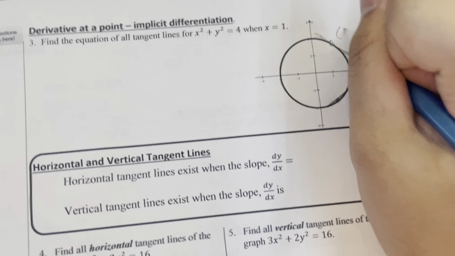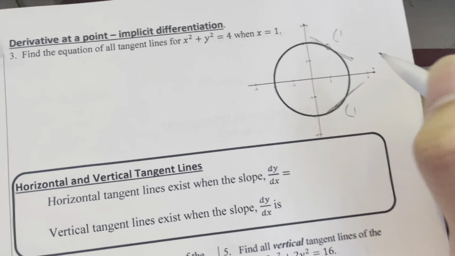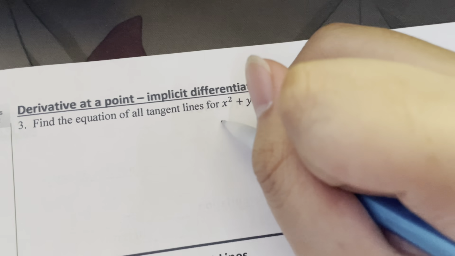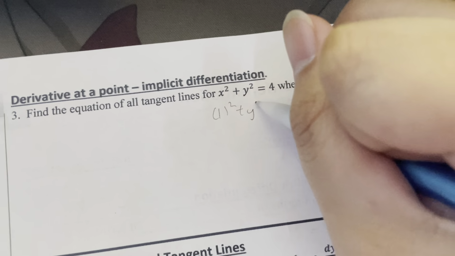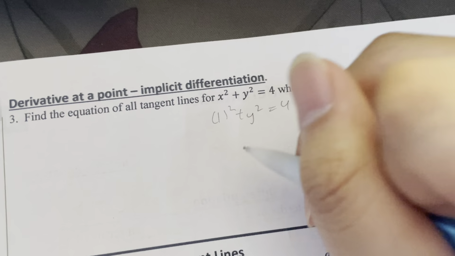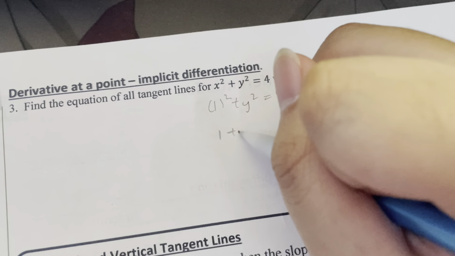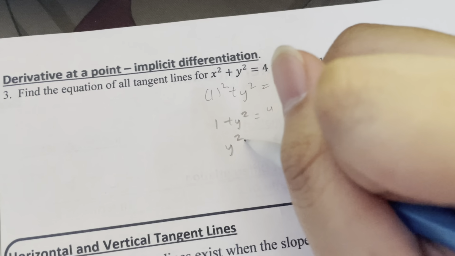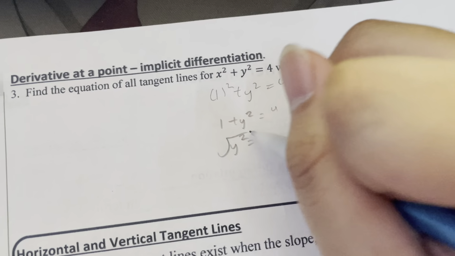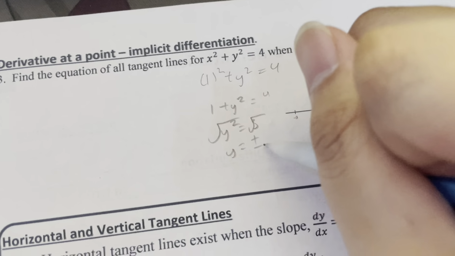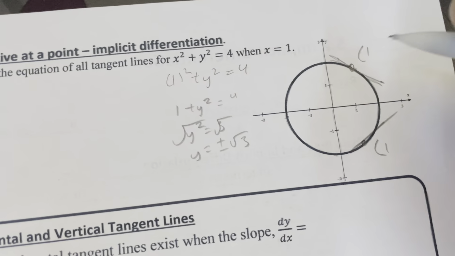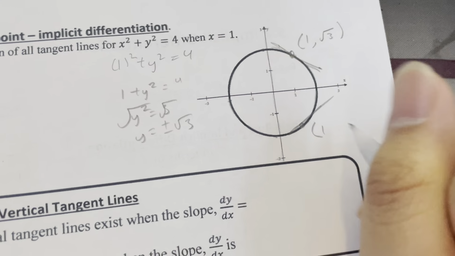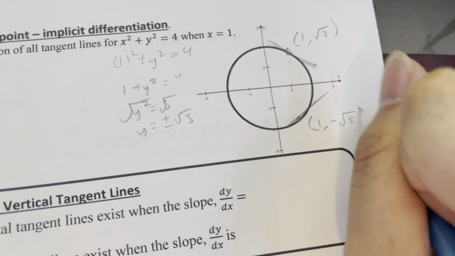We know that the x value is 1. We need to find the y value, so we'll plug 1 back into the equation. So 1 squared plus y squared equals 4. 1 plus y squared equals 4. Minus 1, y squared equals 3. y equals plus or minus square root of 3. So the y value here is square root of 3, and the y value here is negative square root of 3.